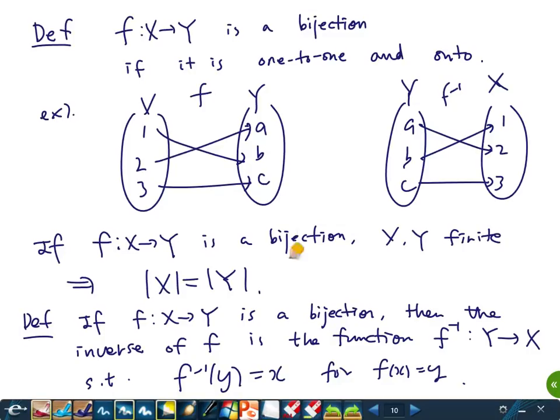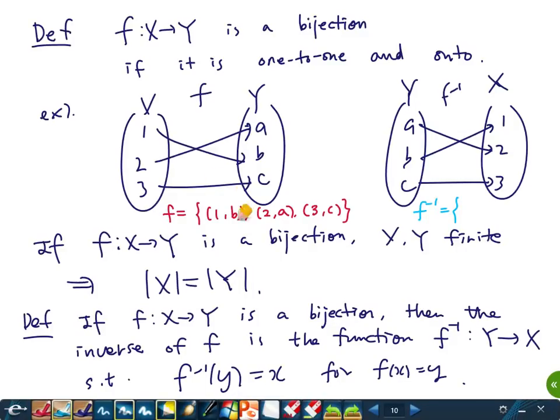A quick question. Here, we can think of this as a set of pairs: (1, b), (2, a), (3, c). And what is the inverse of this? How can you obtain the inverse as a set?